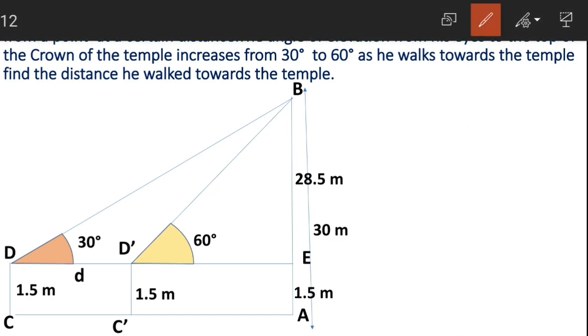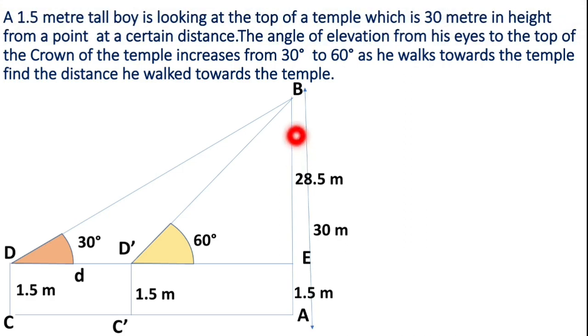Now, to solve this problem, first observe that there are two right angle triangles. One is BED dash, and another one is BED.